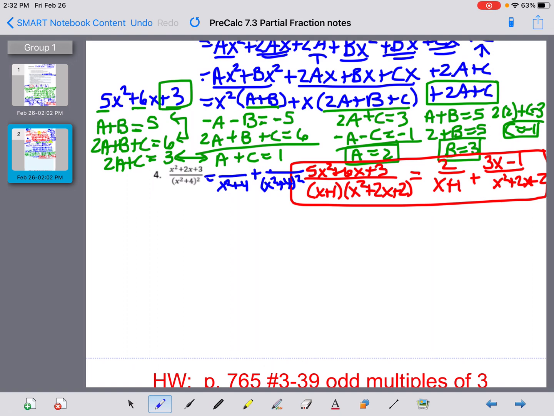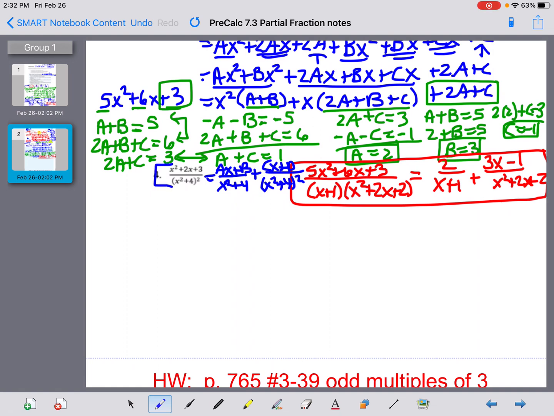Because both of these terms are quadratics, I need an ax plus b on top of the first one, a linear on top of the first one, and a linear on top of the second one, which will give me a cx plus d, okay? Every time there's a quadratic as my denominator, I have to have a linear as my numerator.